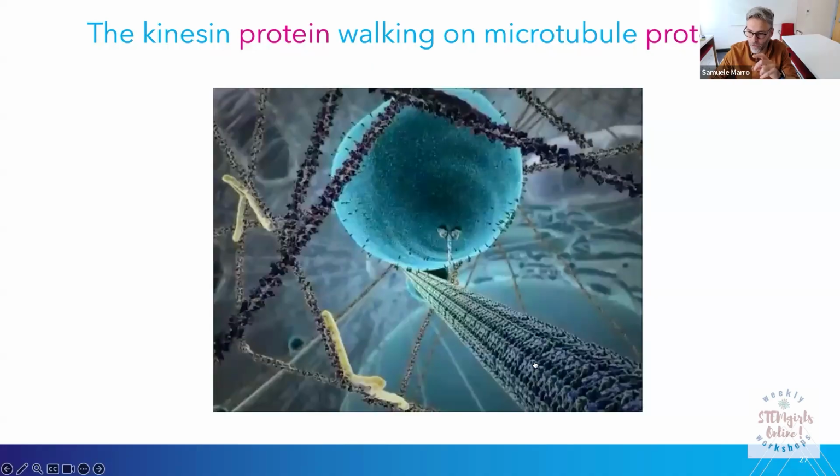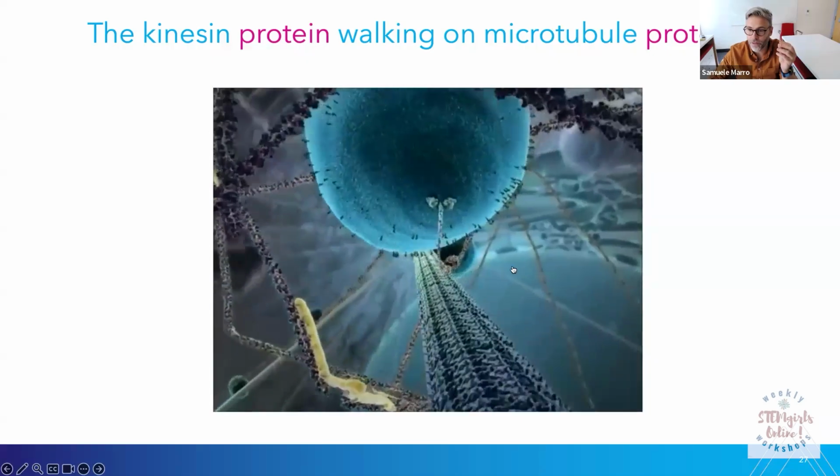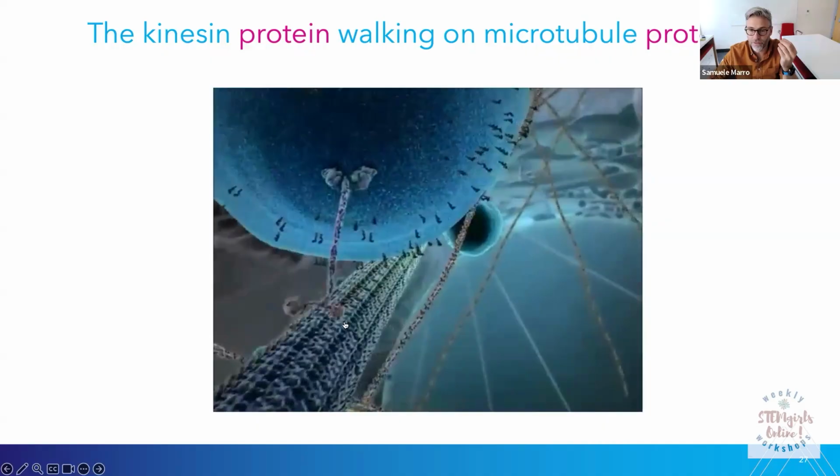You will see that this microtubule protein interacts, it means is attached to the kinesin protein to do a job. And so the result is actually carrying around this vesicle that is needed somewhere, right?